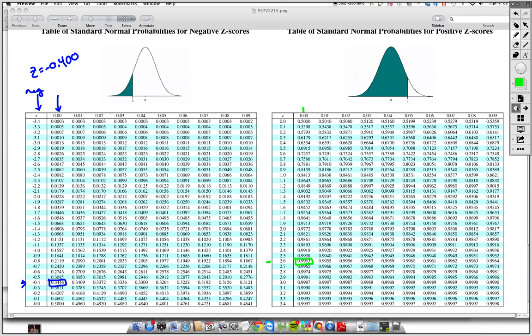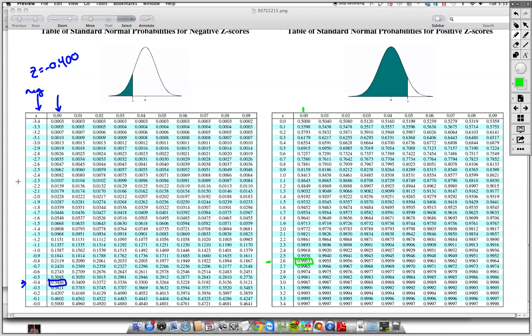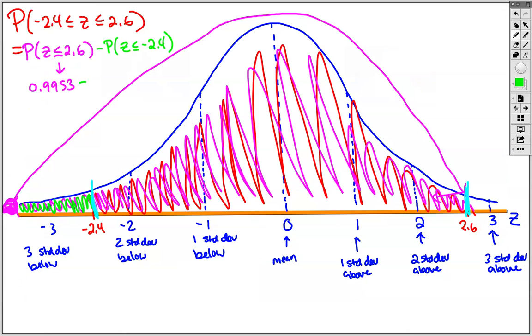So we go back over here, and we go to negative 2.4, which is right here, and we use this column, and it's 0.0082.